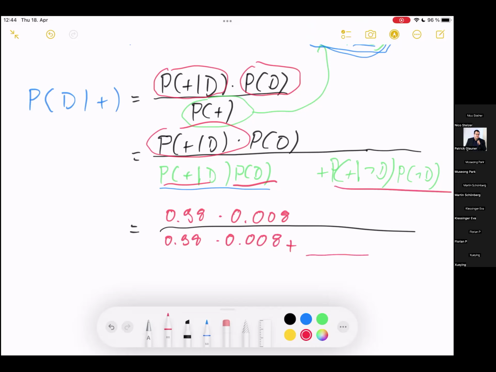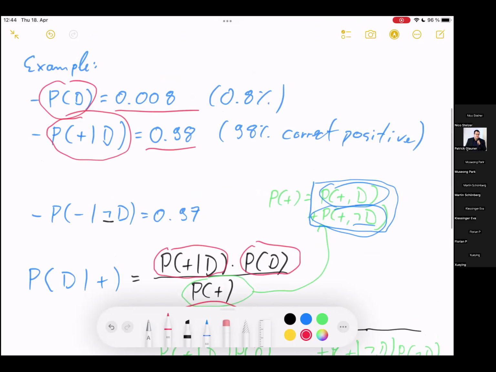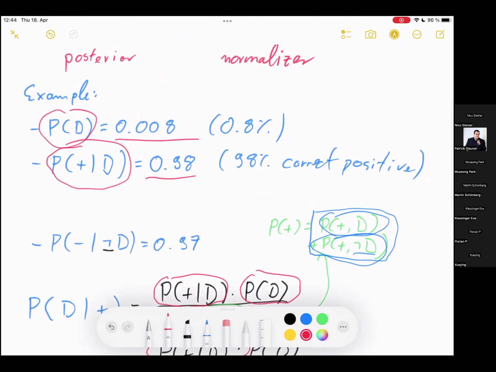We need two parts. We need one part, which is a positive test given not a disease and P of not having the disease. So I can either have the disease or not have it. This needs to add up to 1. So having the disease is 0.8%.